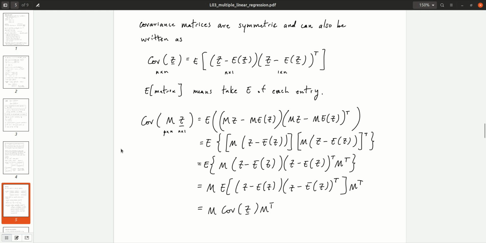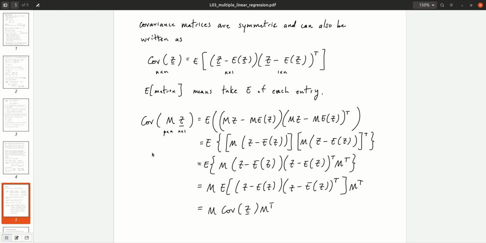We're also going to need to know what the covariance matrix is for a matrix times a random vector. So just like before we did the expected value of m times z, here let's do the covariance of m times z. Now this makes sense because m times z is a p by 1 random vector, just like before.